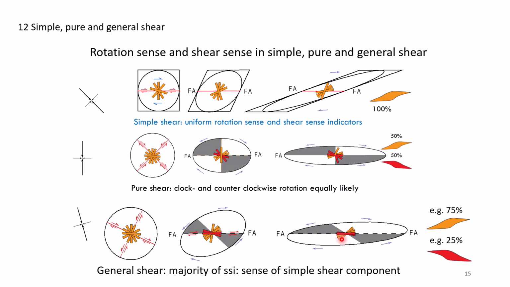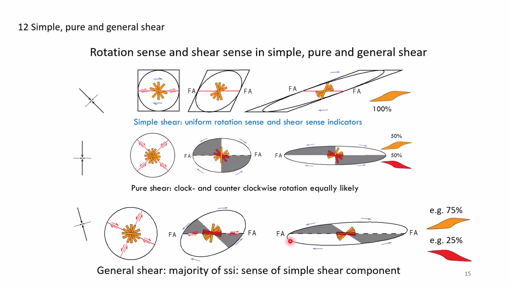With progressive strain, all our shear sense indicators will rotate more and more towards the fabric attractor, and if strain is very large, they eventually will form phi clasts and will become unusable as shear sense indicators.